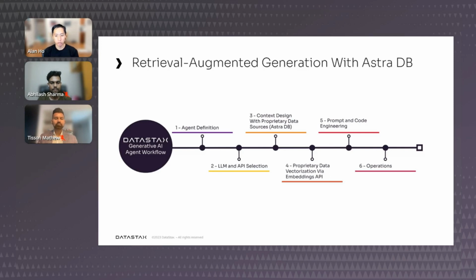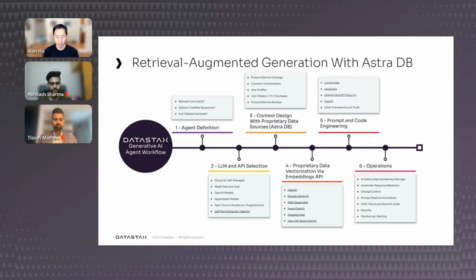We go through several steps before building your application. The first step is to determine what your app is actually doing. Knowing that, you then select what kind of LLMs you're going to use: the choice of self-managed, the size, etc.